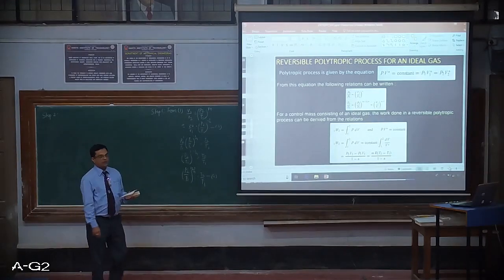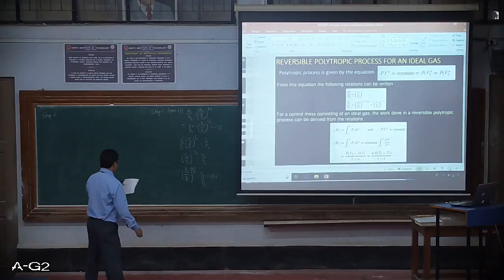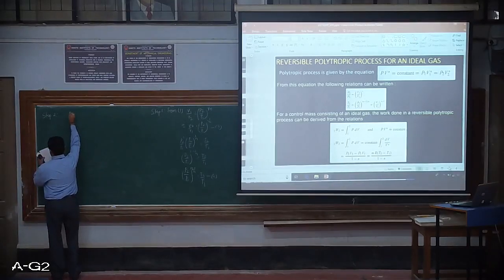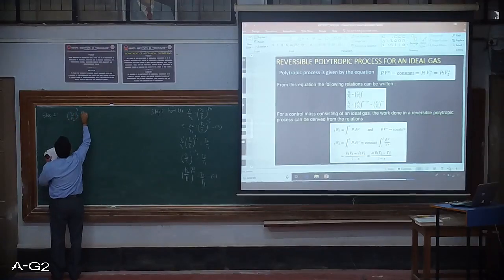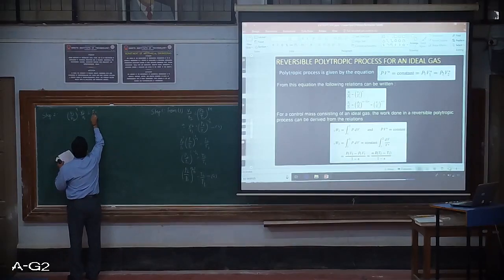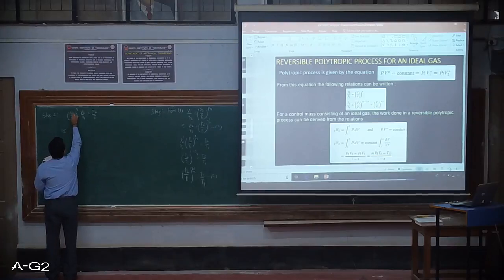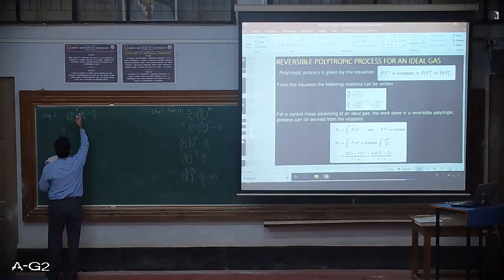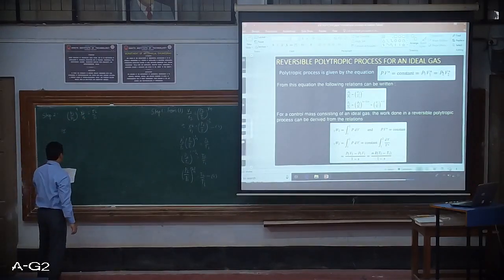So substituting equation 1 in 2, we get, so I will be writing directly here, V1 by V2 to the power n into V2 by V1 is equal to T2 by T1, or here V1 by V2 is there, V2 by V1 is there, one of that equation or ratio I will just swap it.